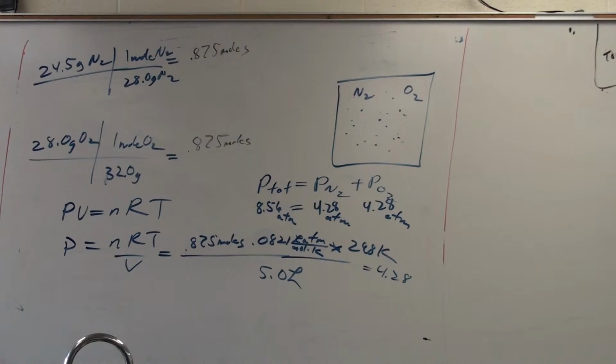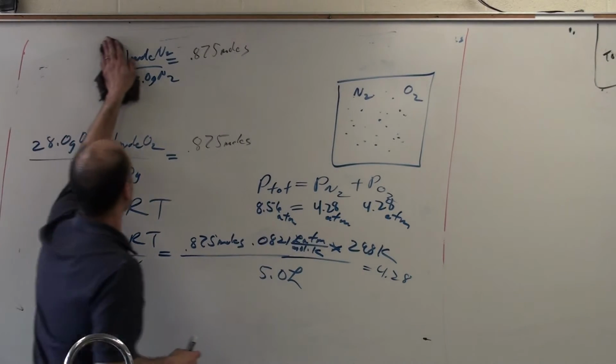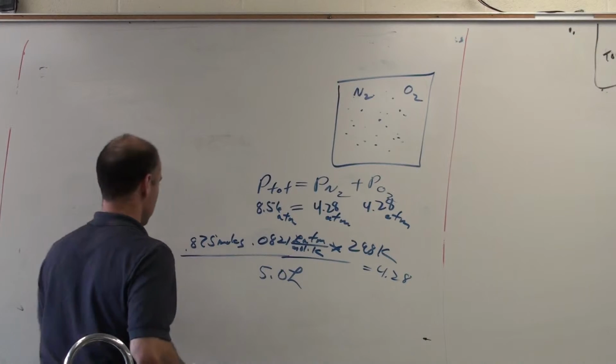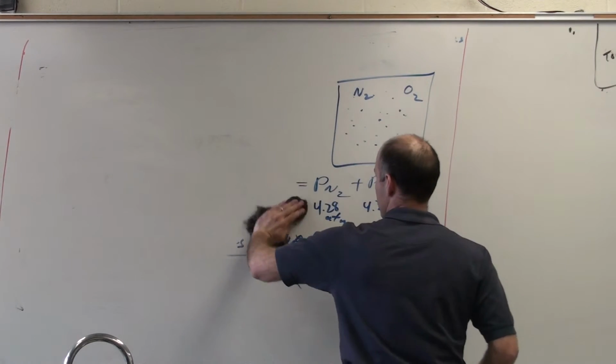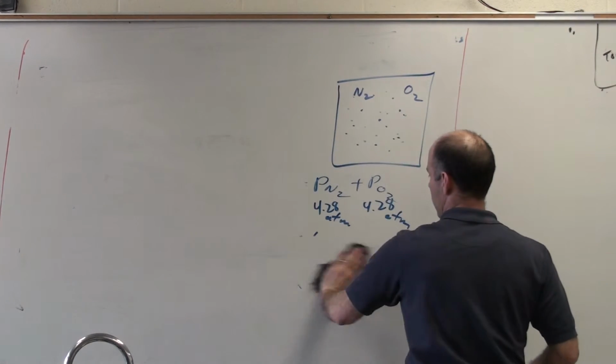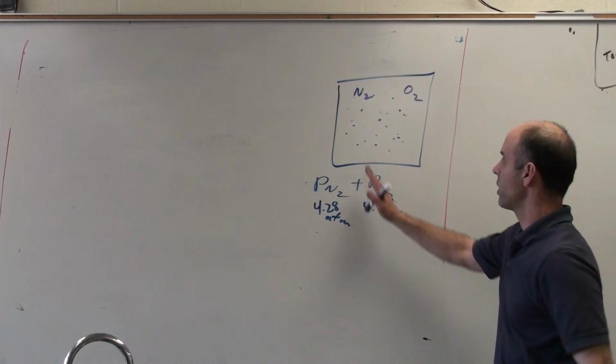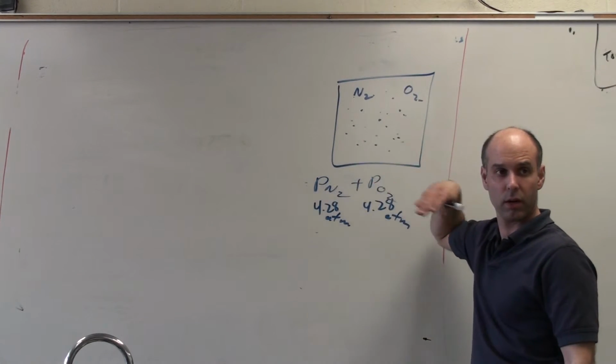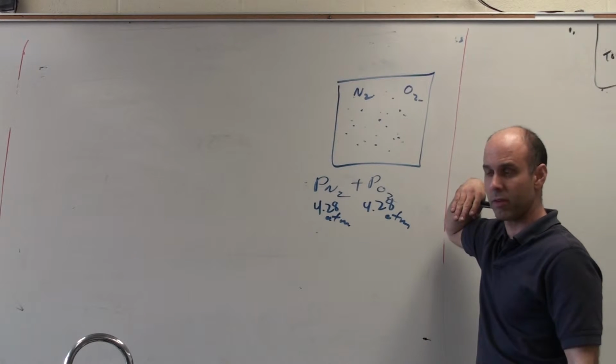Okay, it says for B, the temperature is decreased. Can I erase this? So right now, what is the ratio of nitrogen to oxygen in our container? 50-50, right?